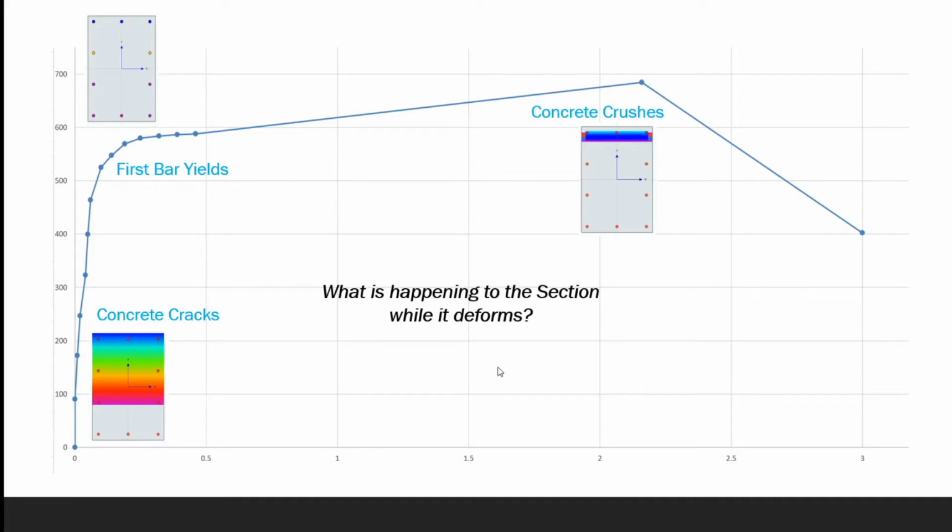First, the concrete outside the center zone, or the confined zone as we call it, of the column or the beam will fail or crush, and then the concrete inside the confined zone will also crush. And finally, we will have a residual strength when almost the entire cross section has failed, both the bars and concrete.